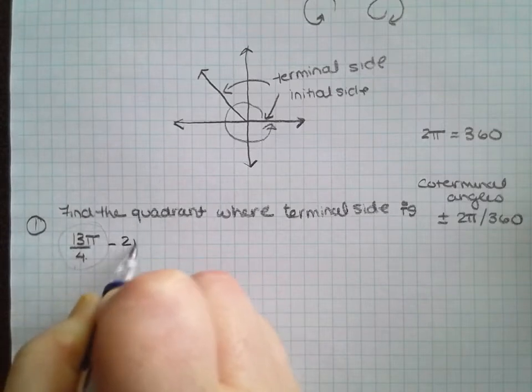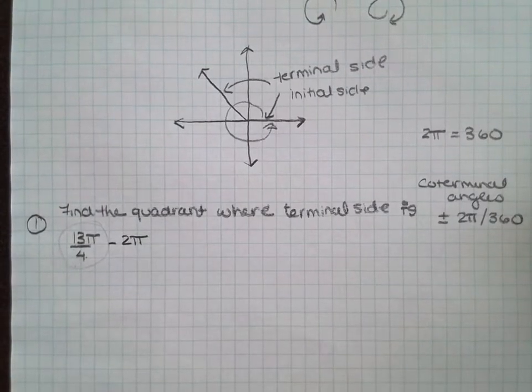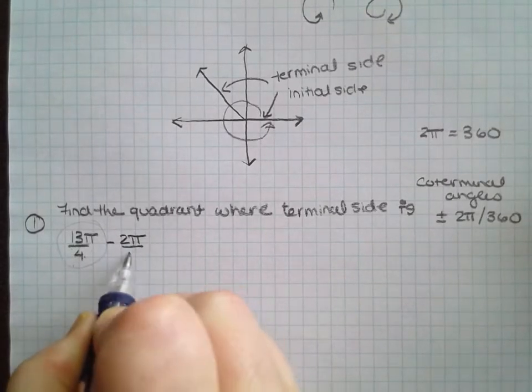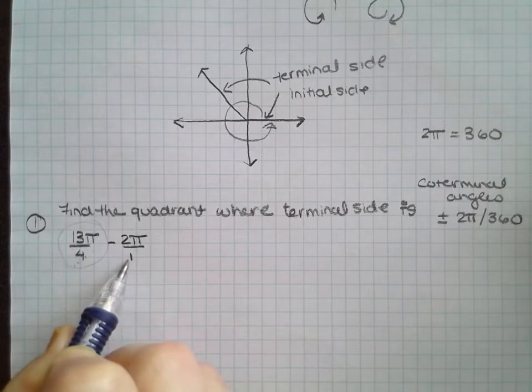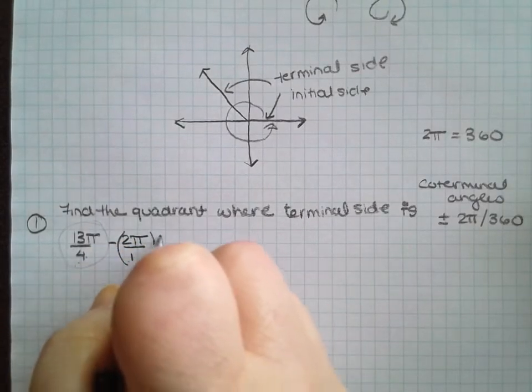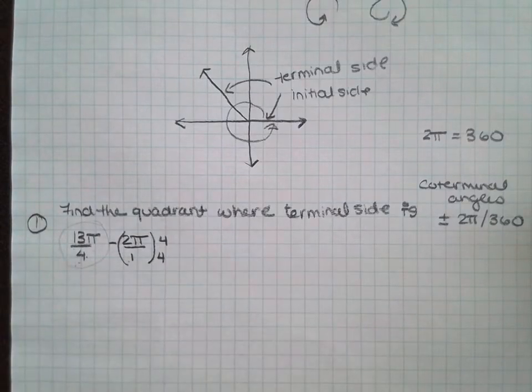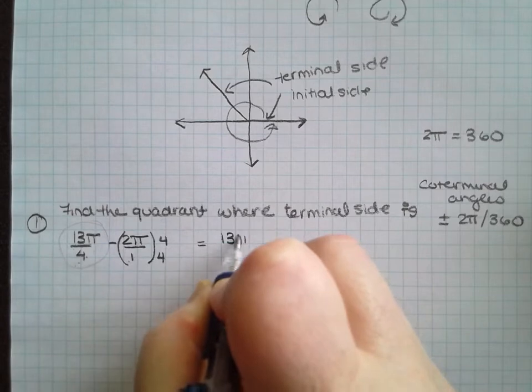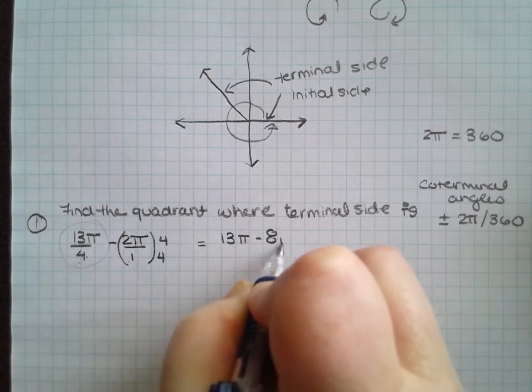Now, here's the thing. You guys need to have a common denominator when you do this. The denominator here is 4, and the denominator here is 1. So I'm going to change this to common denominators. So this ends up being 13 pi minus 8 pi, all over 4.